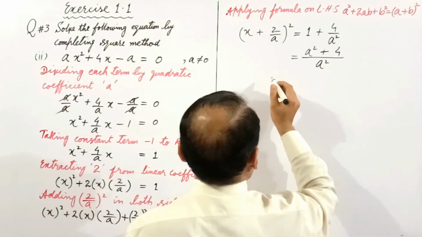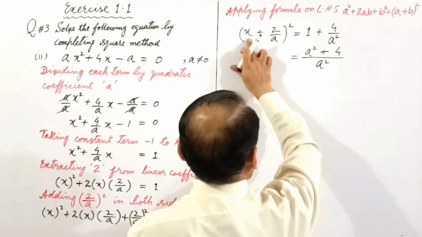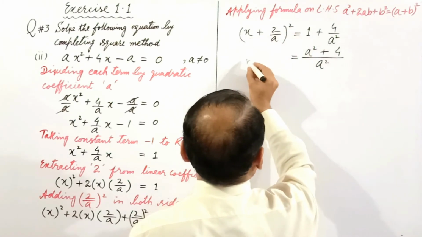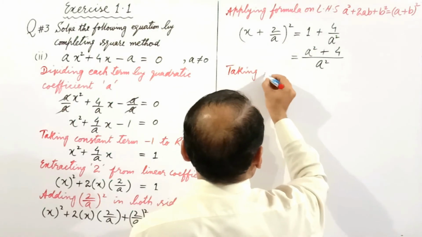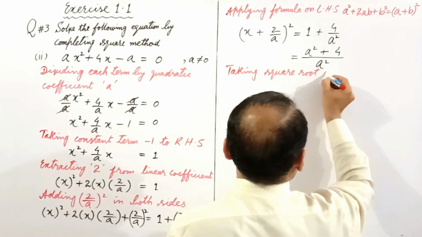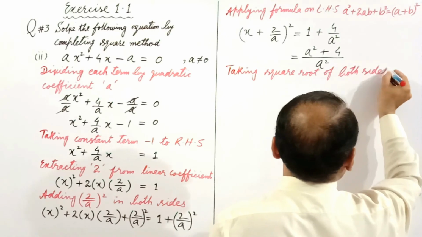Now, as we are required to find the solution, it means we have to find the value of x. So we have to remove the square by taking the square root of both sides.